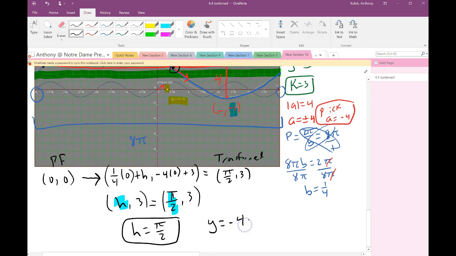So I have negative 4, that's my a, sine of 1 over b, x minus h, plus k, which was 3. And now I'm just going to simplify. 1 over 1/4 is the reciprocal of 1/4, so that's just 4.